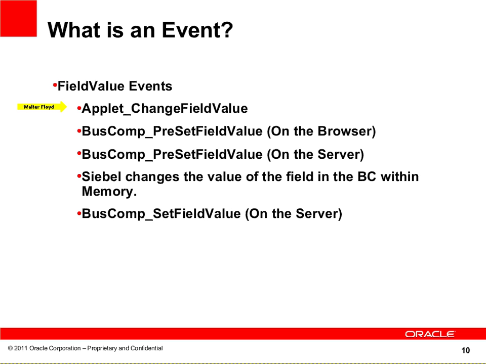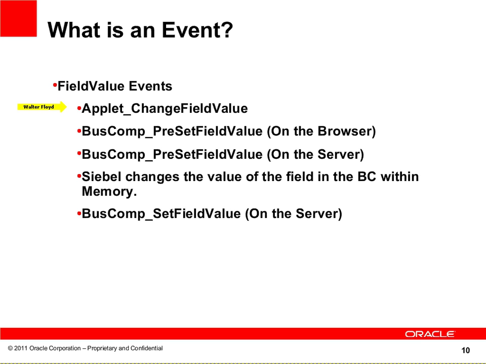Each of those, you decide where you put your script based on how wide an impact you want it to be. If you're writing applet level scripts, then you're going to impact the flow of the process when an applet is being used. Business components can be updated outside of an applet also. So if you need to put in some check that's for every time this business component is ever updated from anywhere, then you would put the code at the business component level.